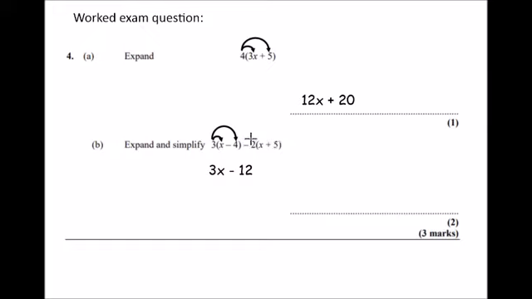So here we've got minus 2 times x and minus 2 times a positive 5. So minus 2 times x is minus 2x.